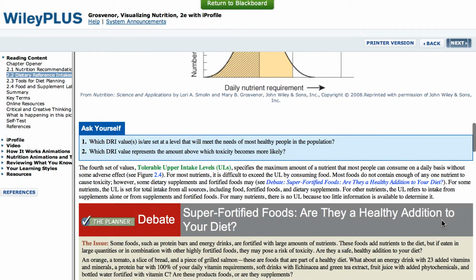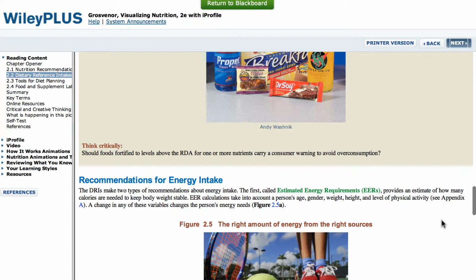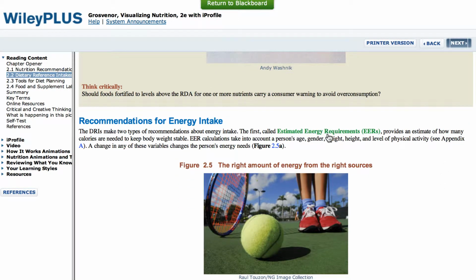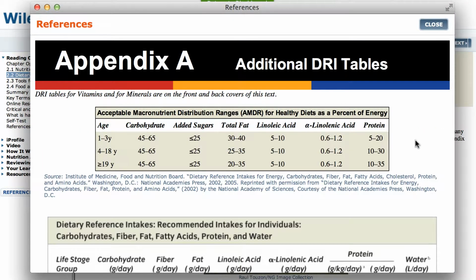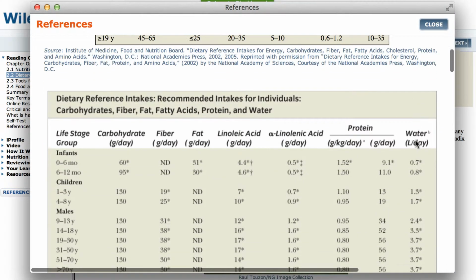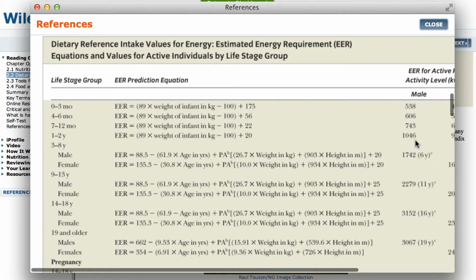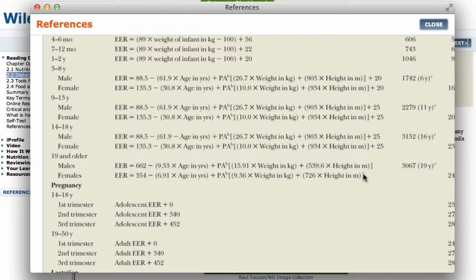The other thing in this section that I wanted to point out is the estimated energy requirements. And I'm going to pull up Appendix A to help with that. So here's Appendix A, and the estimated energy requirement is determined using these formulas. So I'm going to focus on this one here for males and females that are over the age of 19.